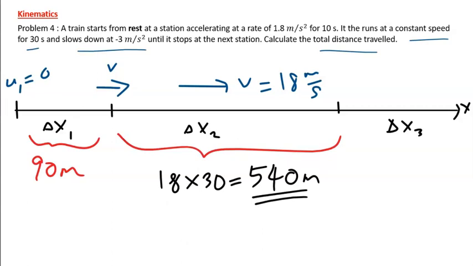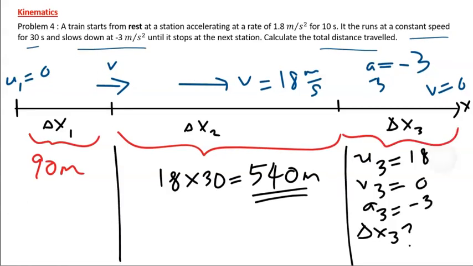The third phase is that the acceleration is actually now a deceleration, which is minus 3, let's call it a3. The final speed is 0, it comes to a complete stop, and the initial speed of phase 3 is the final speed, or the constant speed, of the second phase. So we have all these numbers for the third phase. The initial speed 18, final speed 0, acceleration is minus 3, and what is delta x3? So we use the third equation to get delta x3.